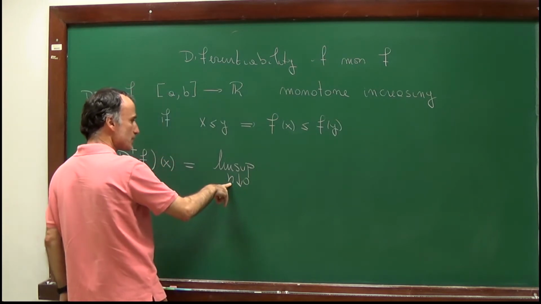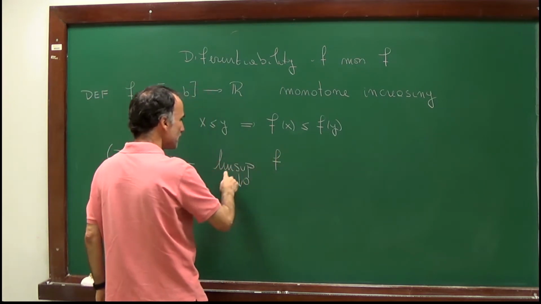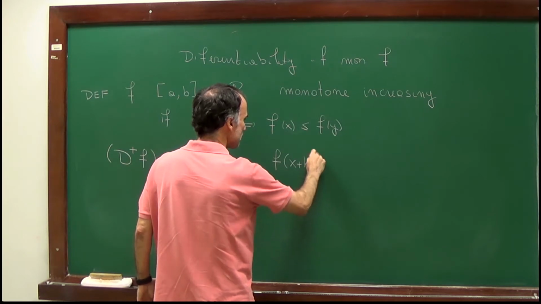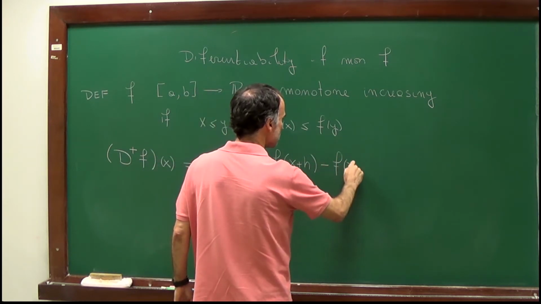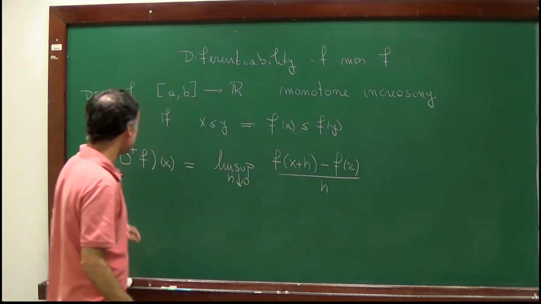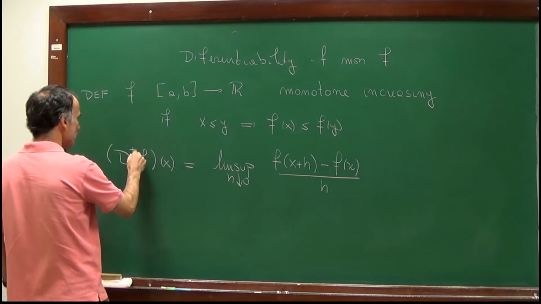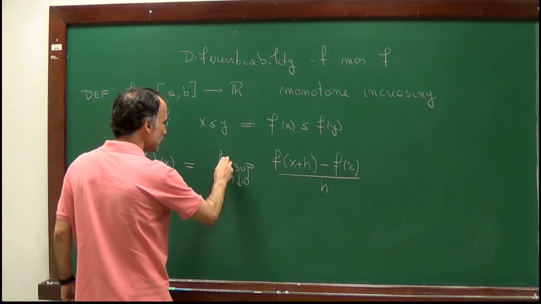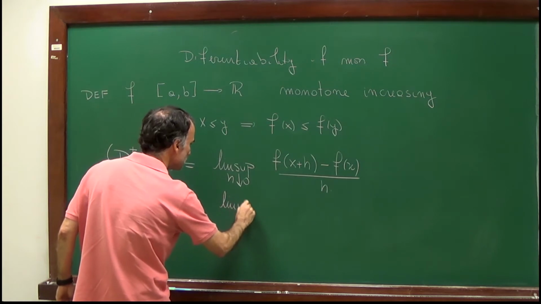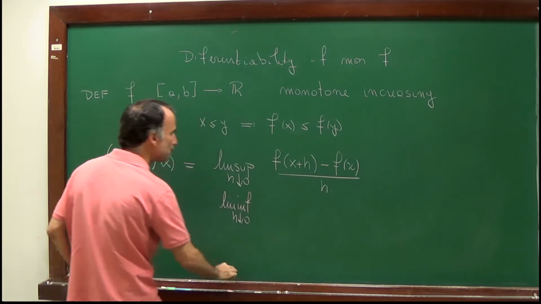So h takes positive values and it's decreasing to 0, and I'm taking the limsup of f of x plus h minus f(x) divided by h. So that will be D^+, and D_+ will be the same object, but where instead of taking the limsup, I'll take the liminf as h decreases to 0.